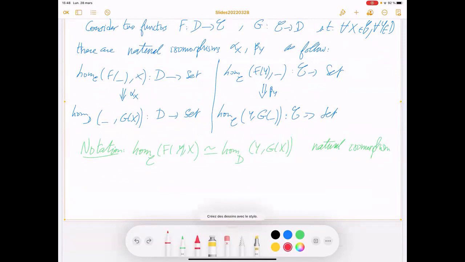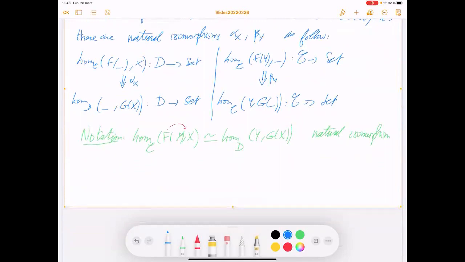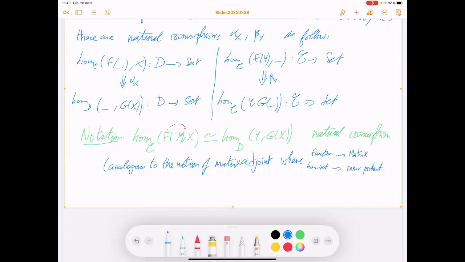So you move. So this is analogous to the notion of matrix adjoint, where the functor corresponds to the matrix and the Hom set corresponds to the inner product.